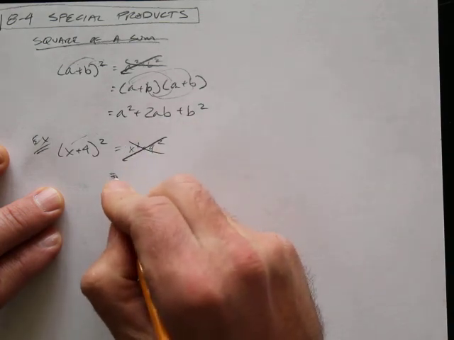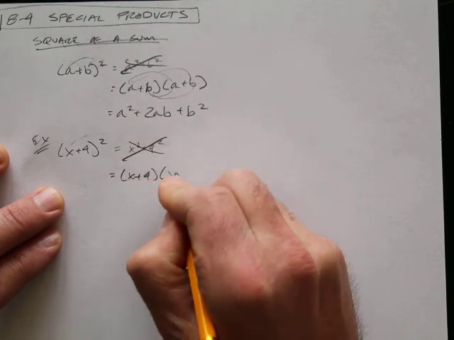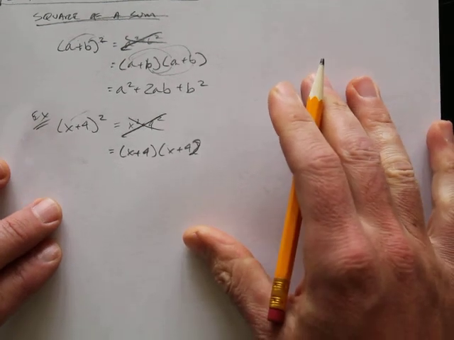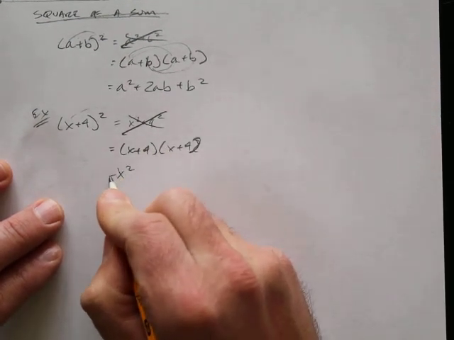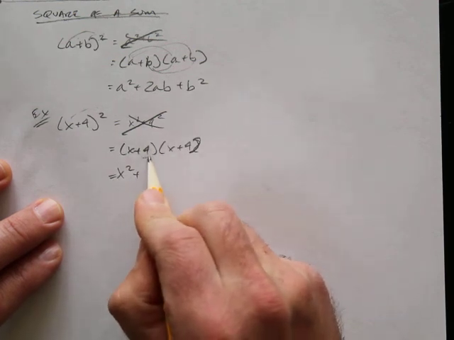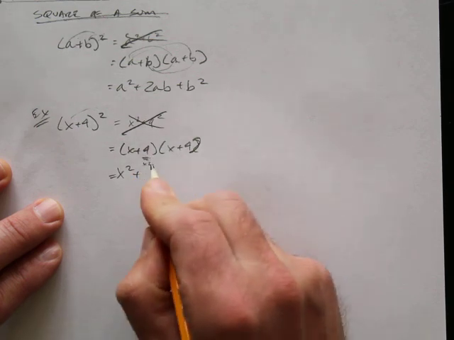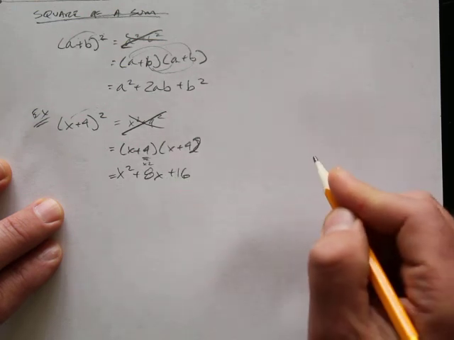I have to go x plus 4 times x plus 4. And so I've got x squared plus this number times 2, which gives me 8x, plus 16.